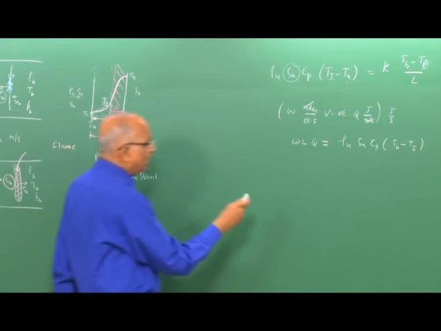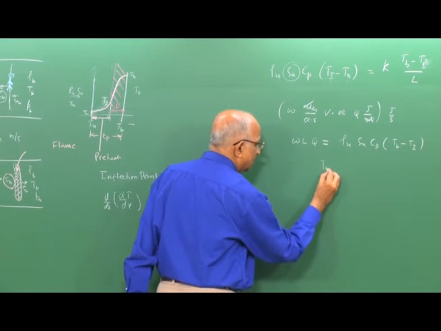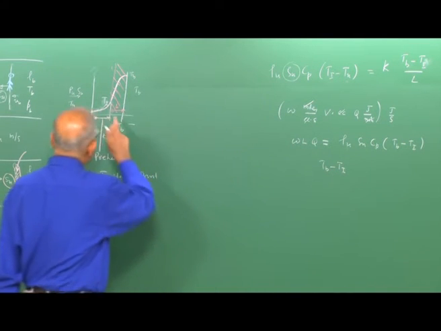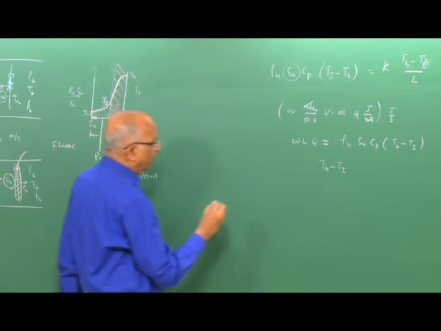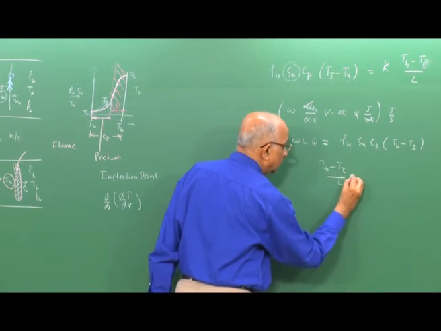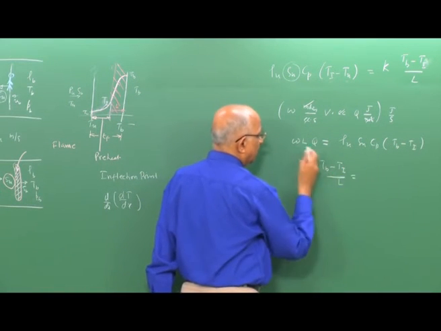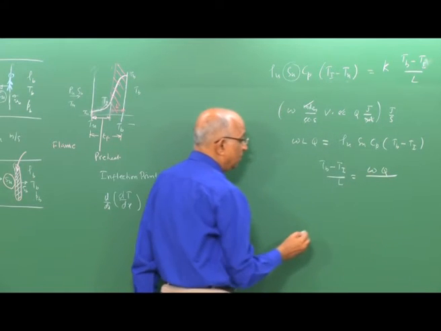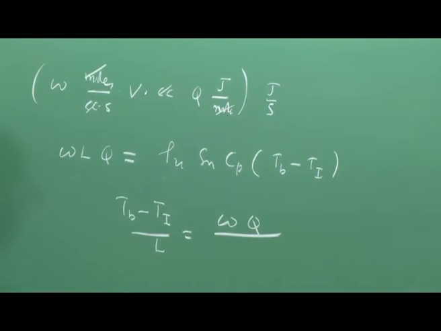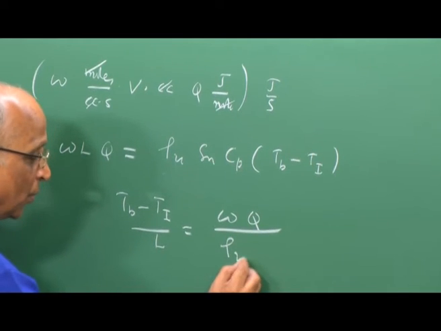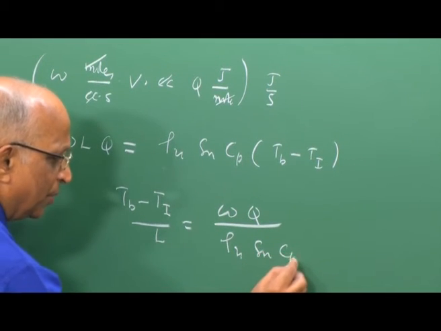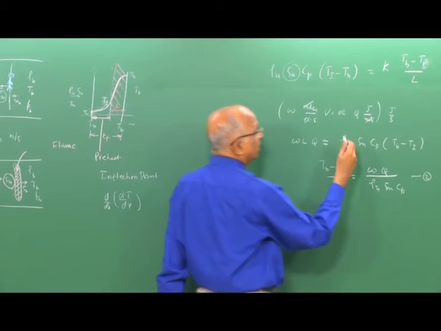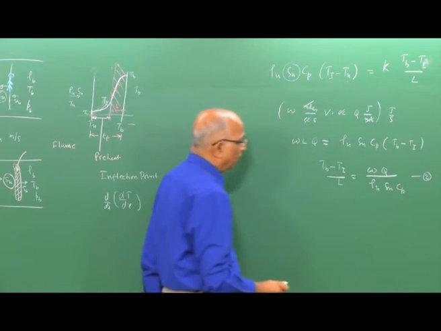Therefore, from this I get the burnt gas temperature minus the inflection point temperature, divided by L, is equal to omega into the heat release, so many kilojoules per mole, divided by rho u SU into Cp. This becomes my equation 2, and based on this heat release, this is my equation 1.